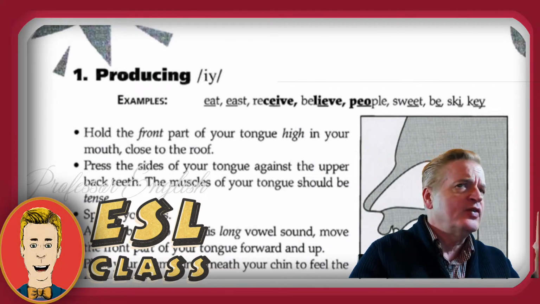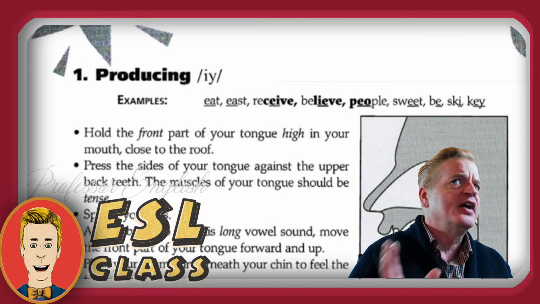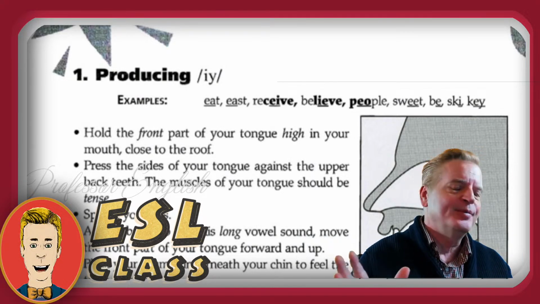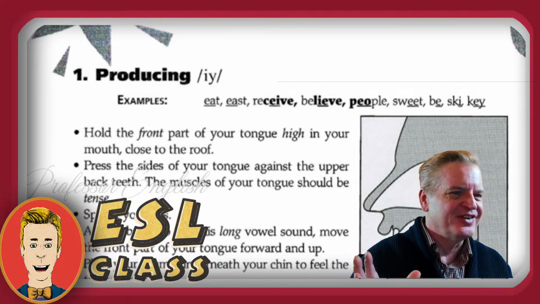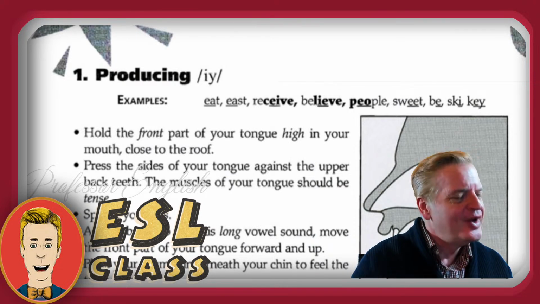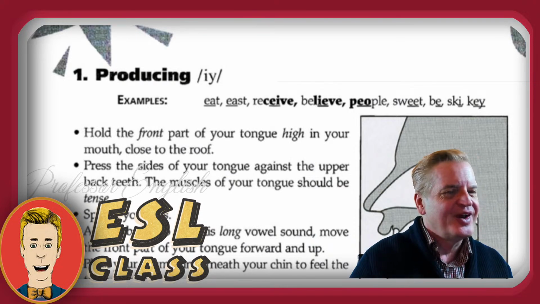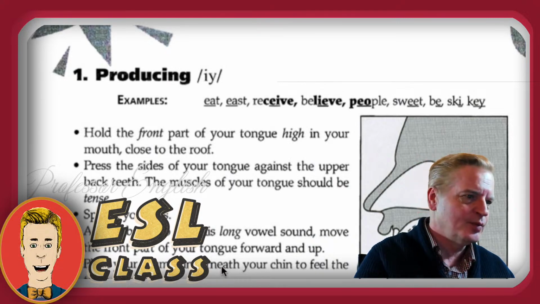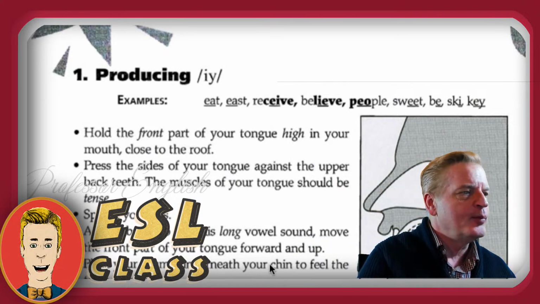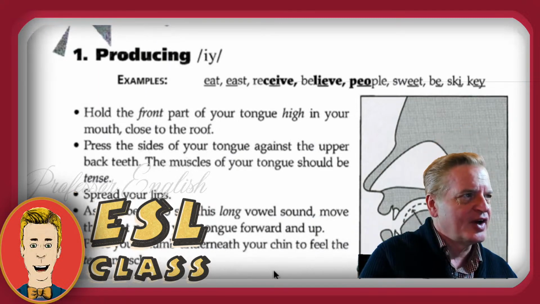Don't think about memorizing this. Every time we find a word, and there will be many, we will go back and review the instructions. So we're going to go very slow. You don't have to worry about memorizing anything. I don't think that helps. Practice is what helps. So every time we find one of these words, we will go back and look at the instructions and make sure that we're following them.